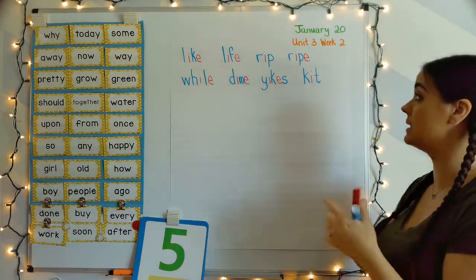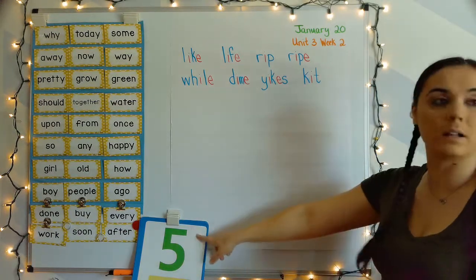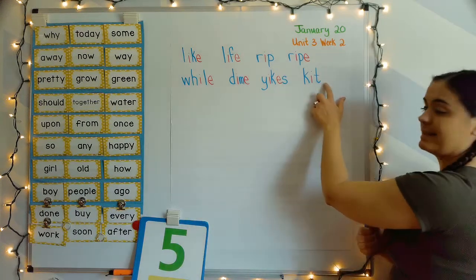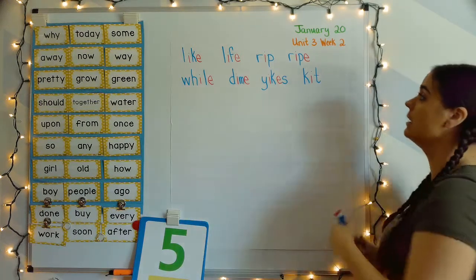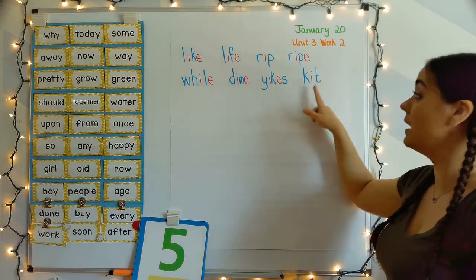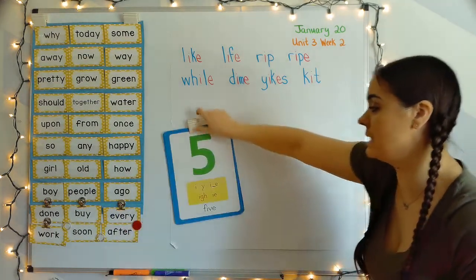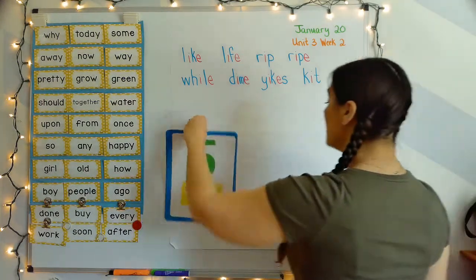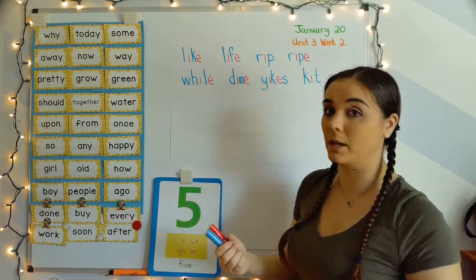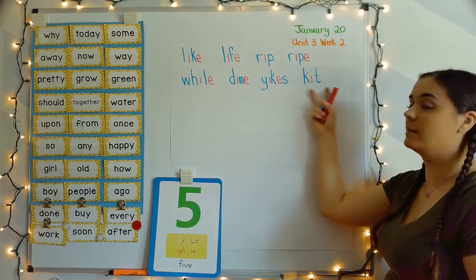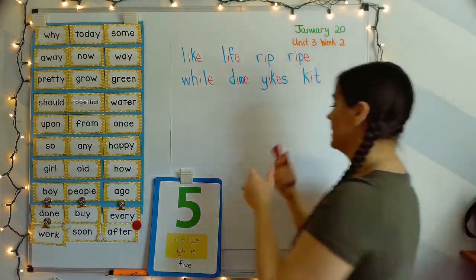So in the word kit, we hear short I. We don't hear long I. So I does not have its buddy E. So once I give it its buddy E, it flips. It no longer says short I. Now it's going to say long I. So the word we're going to make, see if you can guess. Ka, I, kite, kite.